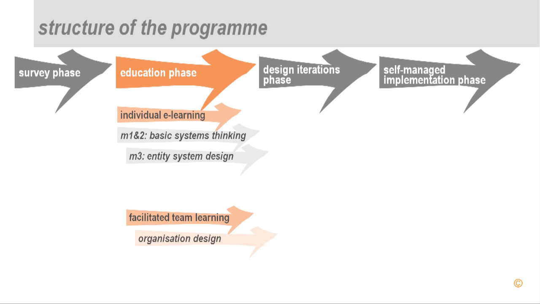Once the teams have completed the draft designs for the transformation, the participants will do another individual e-learning phase, namely that of change management. This consists of firstly making a change management design on how to manage the organization transformation, and secondly doing an implementation plan.